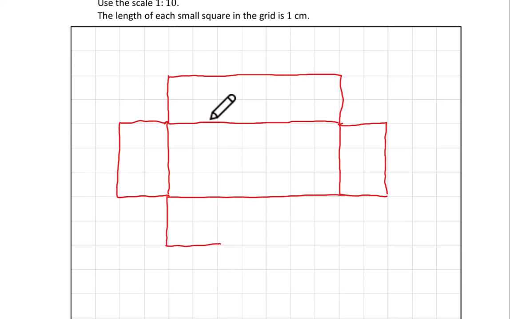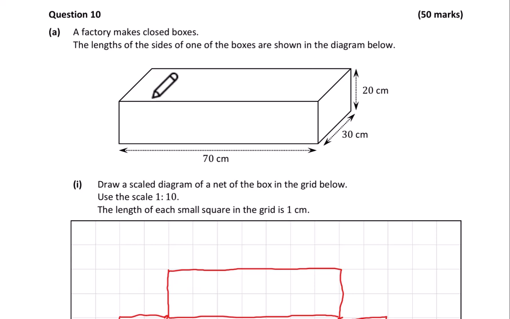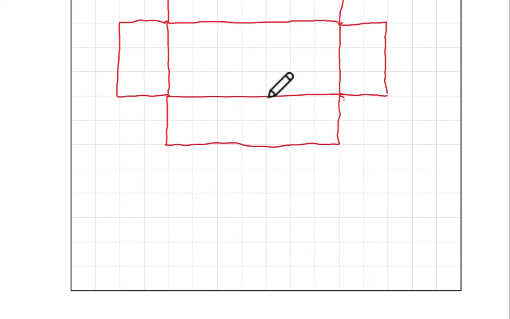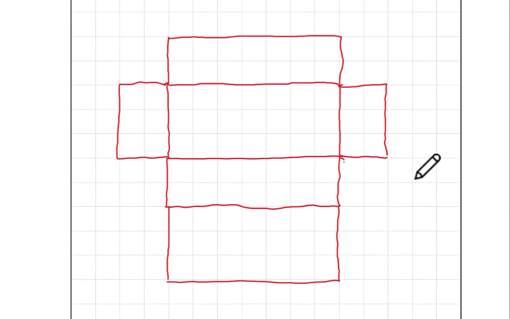Down here, just 2 squares. And here. And then last face then is going to be the top part here, which is 70 by 30. So we need to come down 3 and across 7. And that is it. So again, as I say, you guys need to use a ruler when doing this.